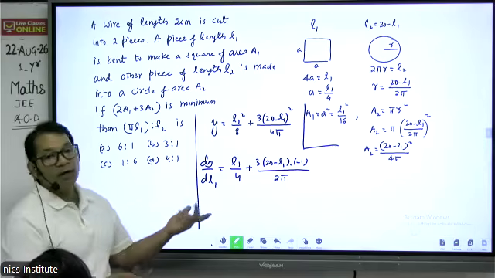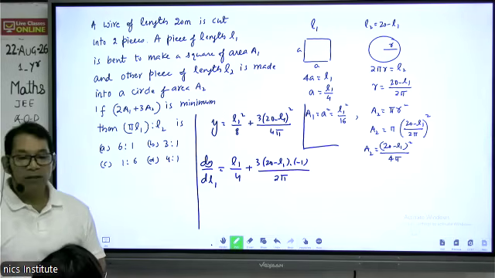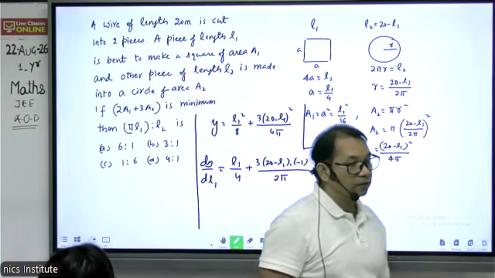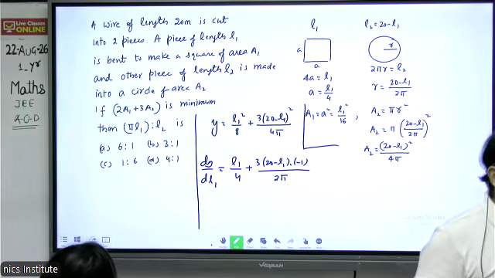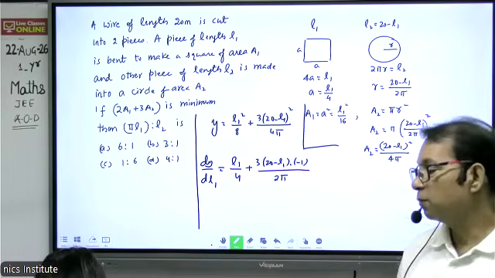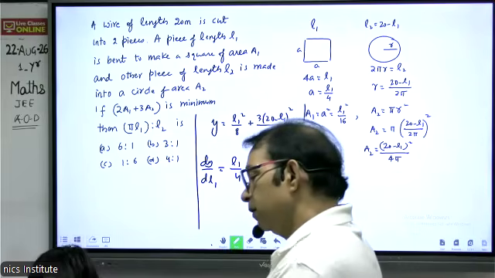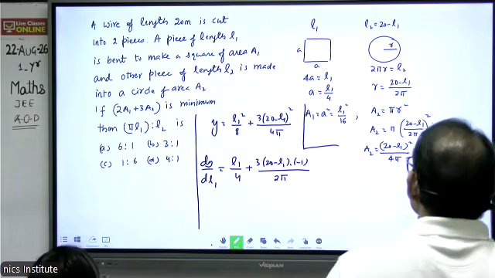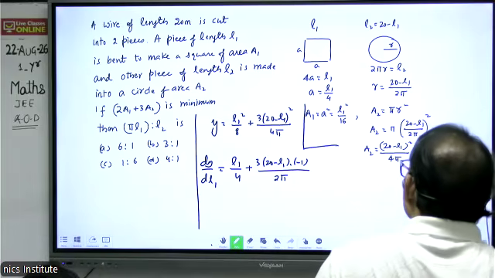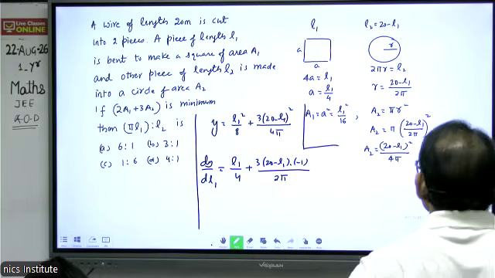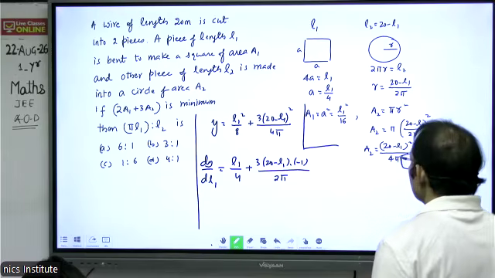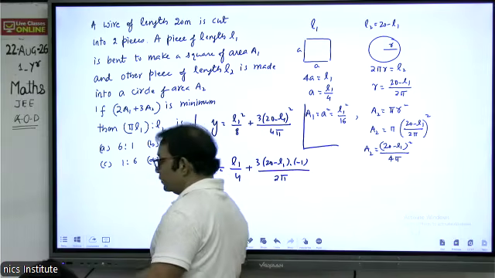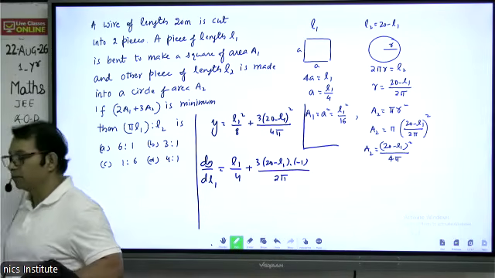Solving this, you'll get only 1 point, and this point will be the point of minima only. And why? Because if we differentiate further, the second derivative will be positive.